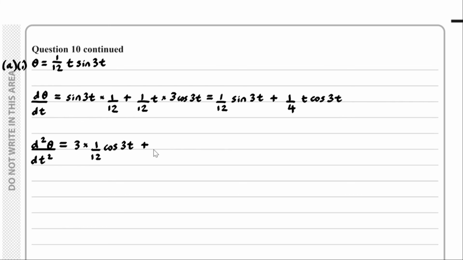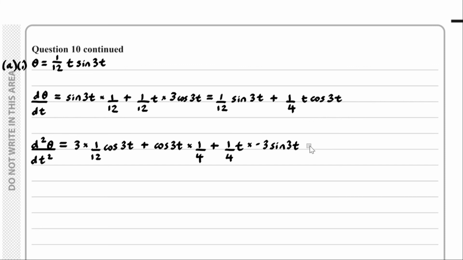I've got cos 3t times the derivative of 1/4 t, which is just 1/4, and then I've got 1/4 t times the derivative of cos 3t, which is minus 3 sine 3t.